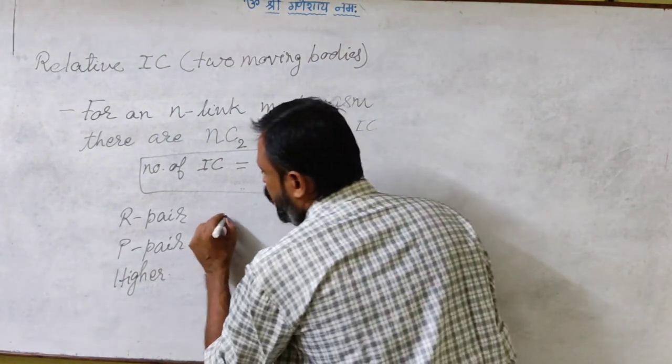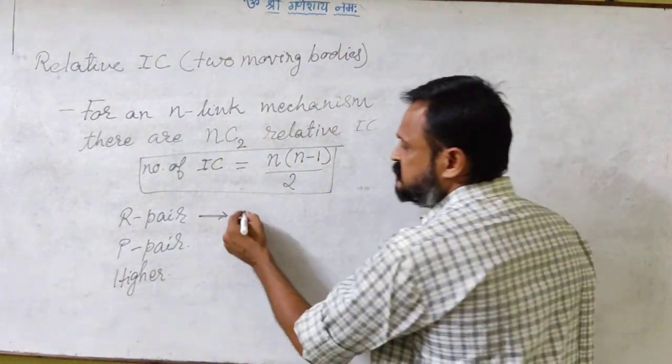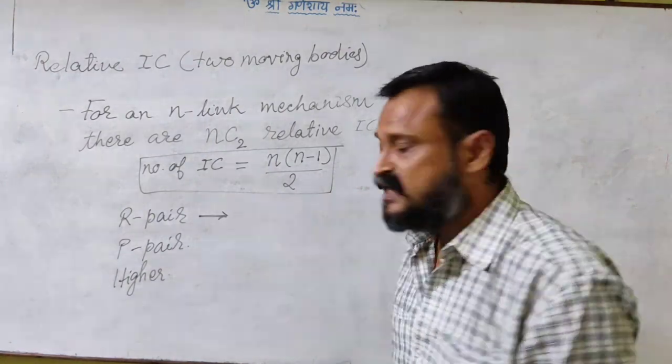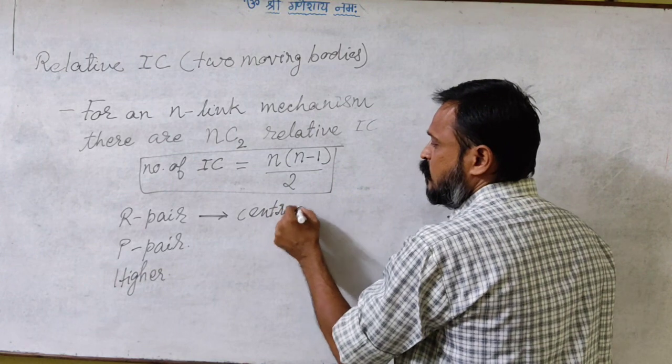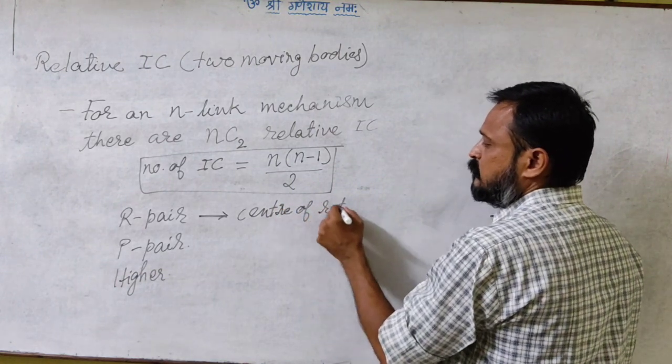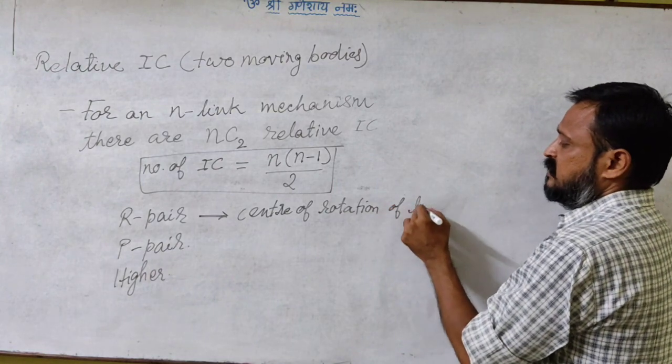If we see revolute pairs, the instantaneous center will always be the center of rotation of the links.